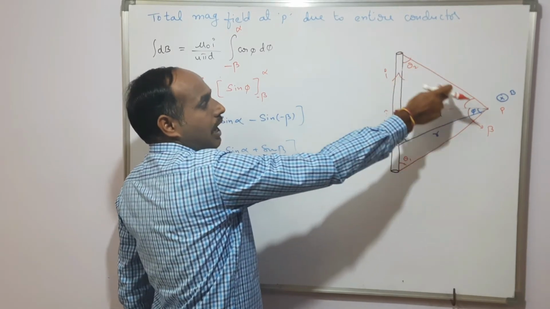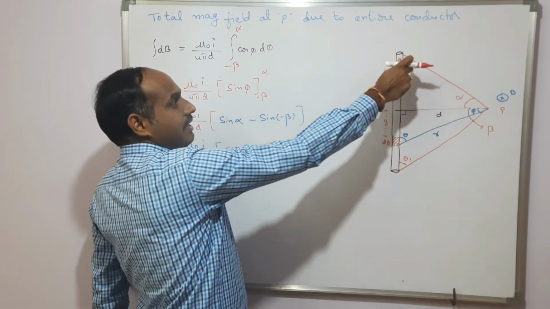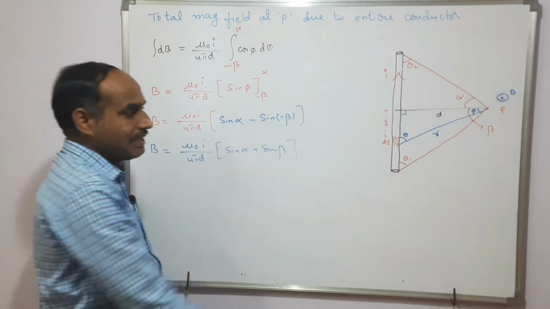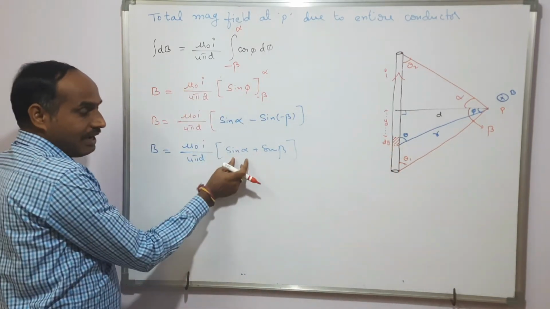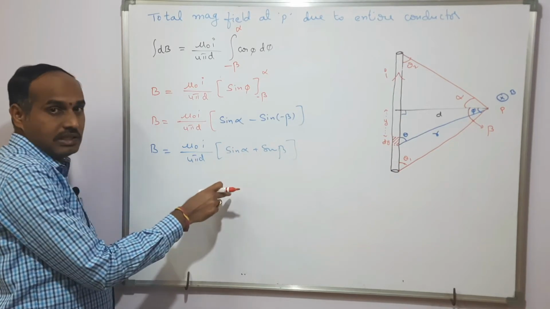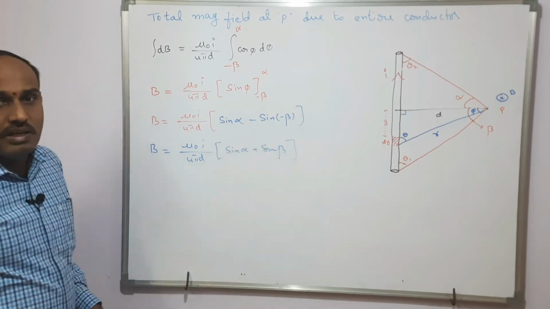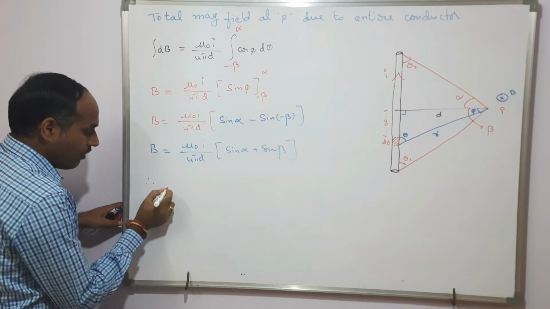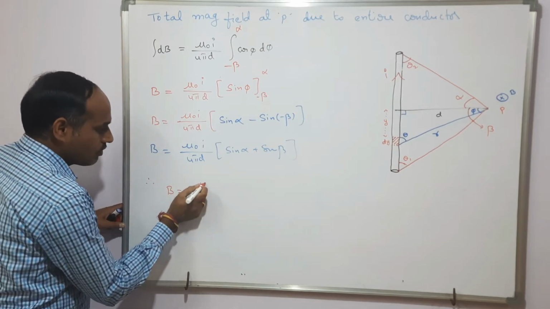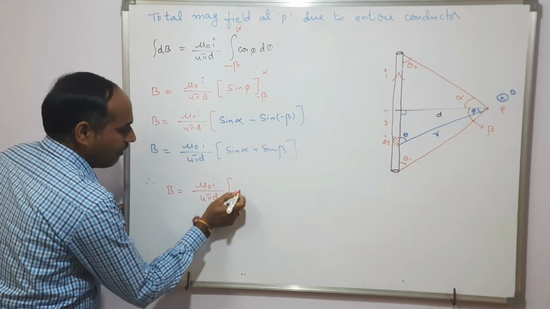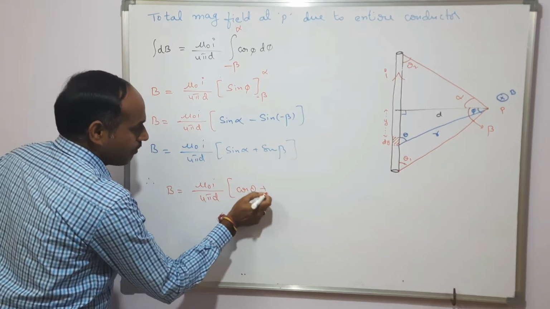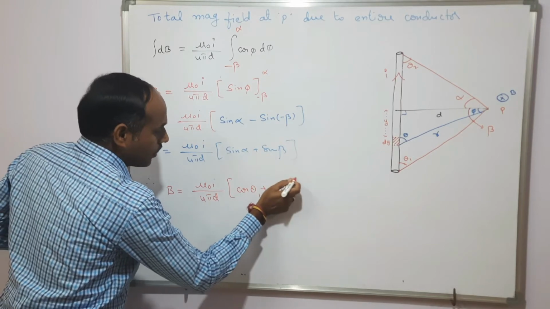So alpha can be written as 90 minus theta 2, and beta can be written as 90 minus theta 1. So sine of 90 minus theta 1 is cos theta 1, and sine of 90 minus theta 2 is cos theta 2. Therefore, we can also write B is equal to mu naught I by 4 pi d of cos theta 1 plus cos theta 2.